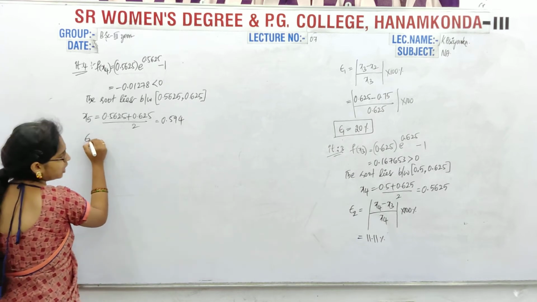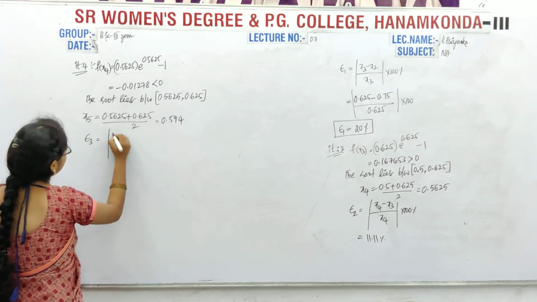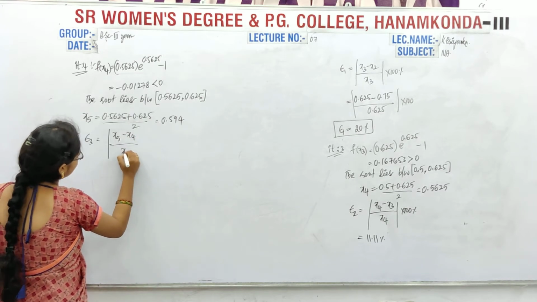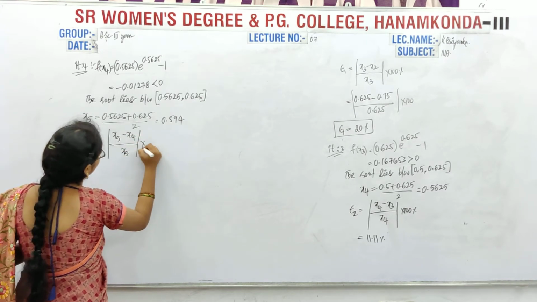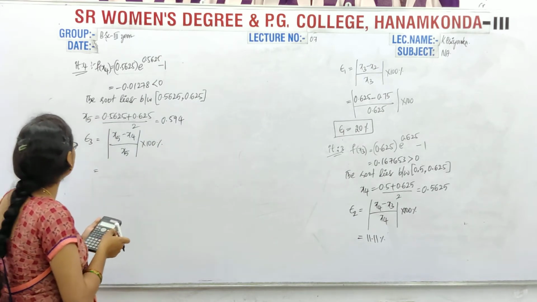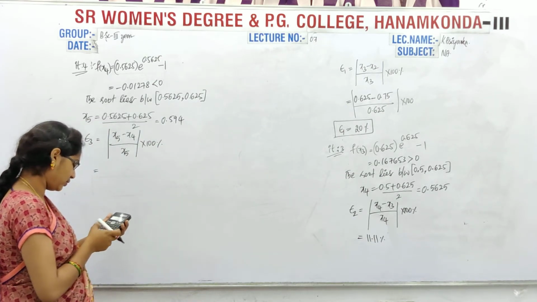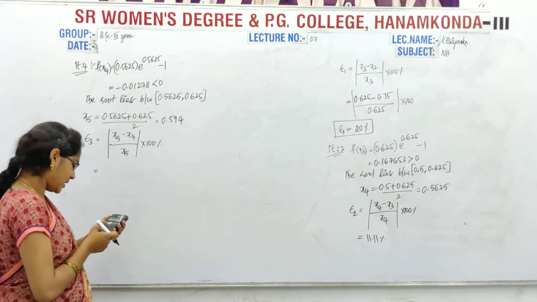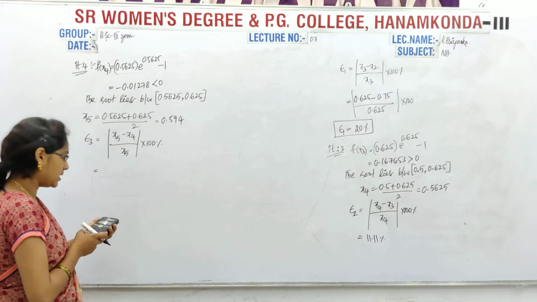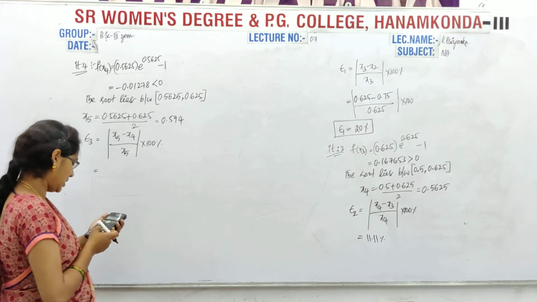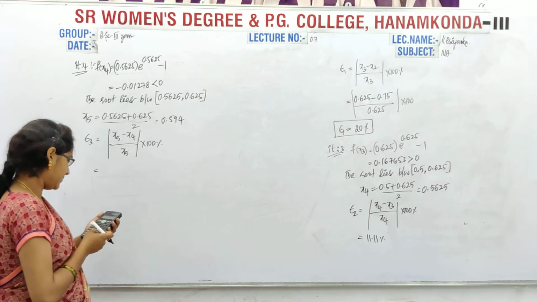Now here epsilon 3, that is x5 minus x4 by x5 into 100%. Now what will be the answer? x5 is 0.594 minus x4 is 0.5625 divided by 0.594 into 100.